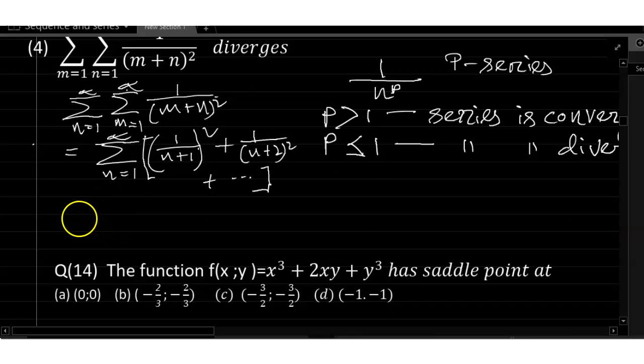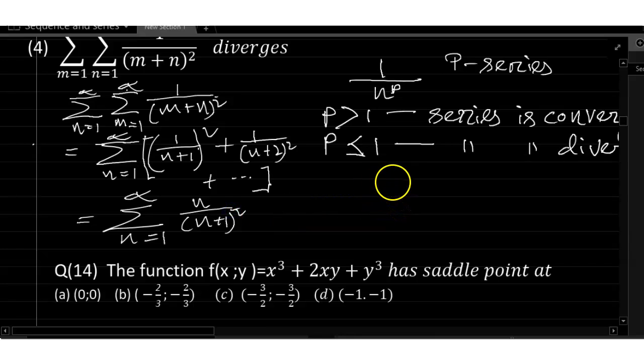After that, it can be written this way, that n equals to 1 to infinity n divided by n plus 1 whole square. How?